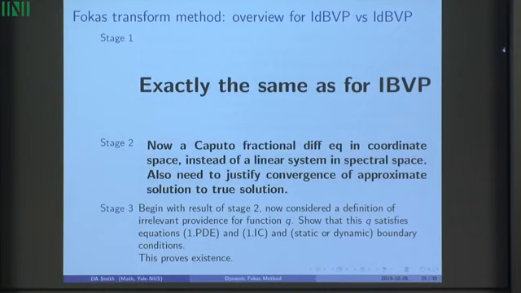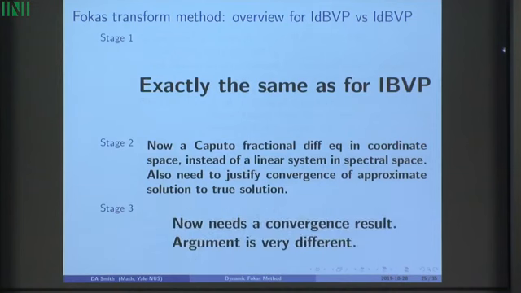The best we can do is this fractional Frobenius method. And then for stage 3, which I didn't tell you how it works in the static case, the argument is very different there, and it's a bit simpler. Here we had to do a bit more work, and also we needed another convergence result.